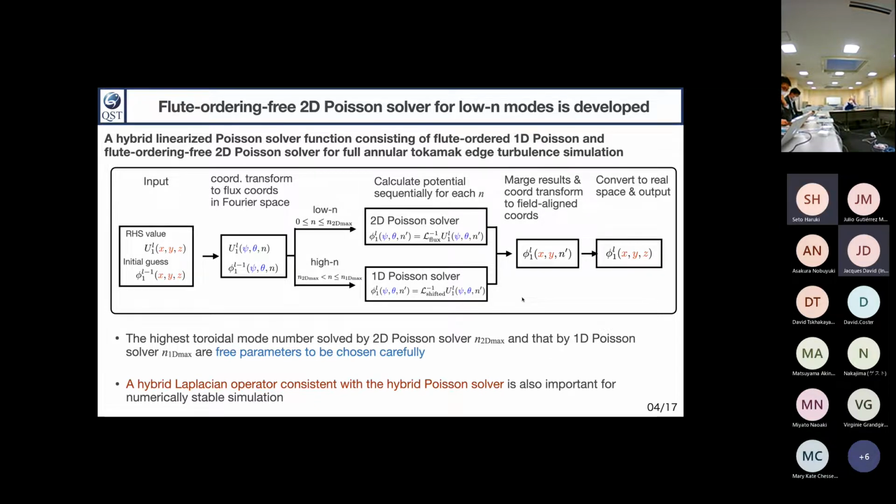And the flow potentials at time step L are combined in Fourier space and converted to the field-aligned coordinate system in real space as input. It should be noticed that the highest toroidal mode number solved by the 2D Poisson solver and that by the 1D Poisson solver are free parameters to be chosen carefully, and the hybrid Laplacian operator consistent with the hybrid Poisson solver is also important for numerical stability of the simulation.